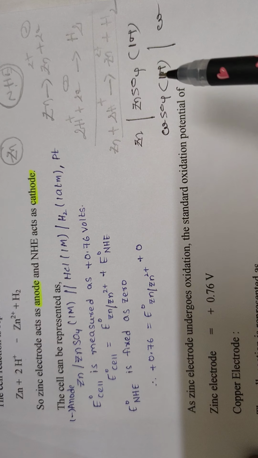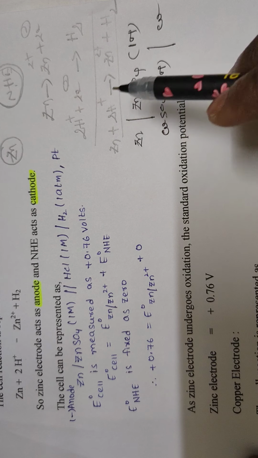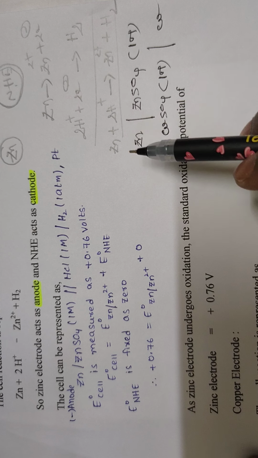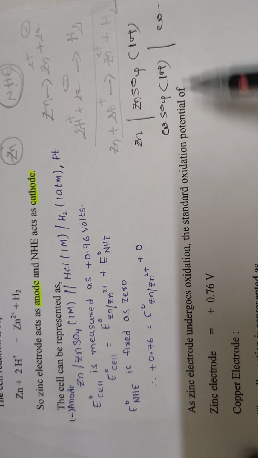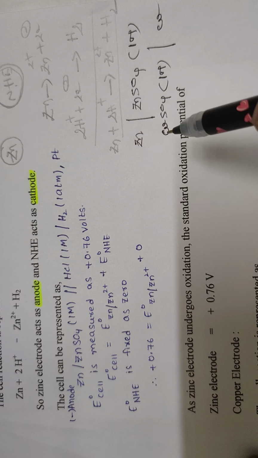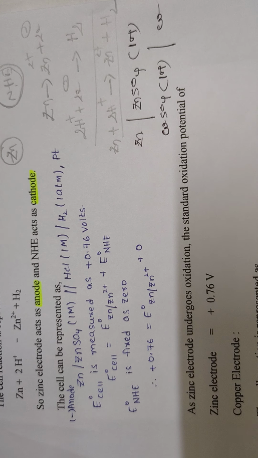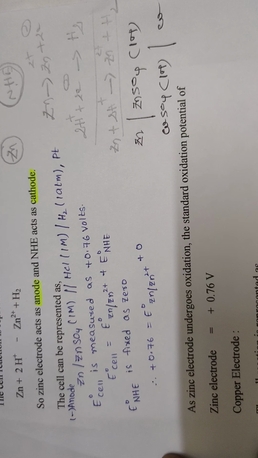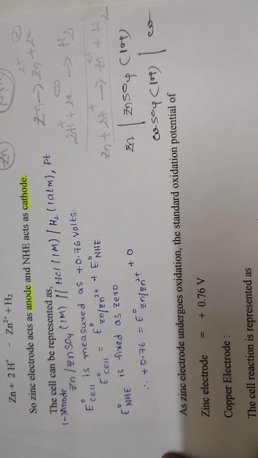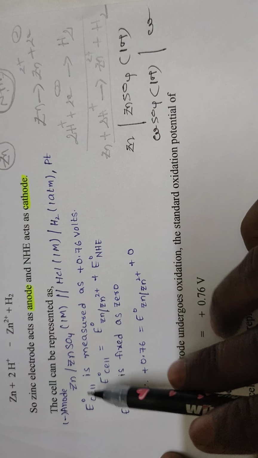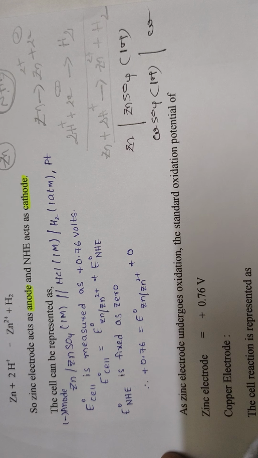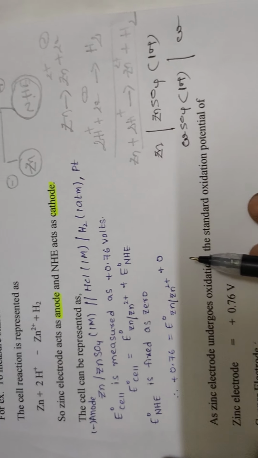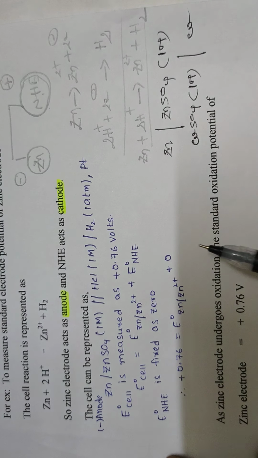While writing the cell notation, the anode is written on the left side and the cathode on the right side, and these two are separated with two vertical lines, that is the salt bridge. For finding the single electrode potential of zinc, it is coupled with normal hydrogen electrode.